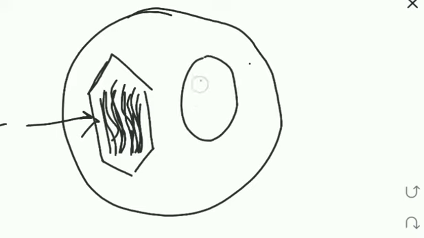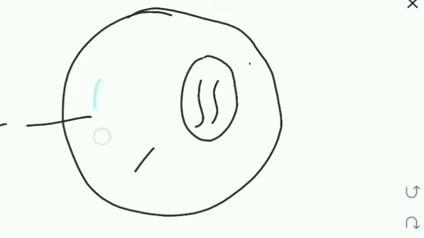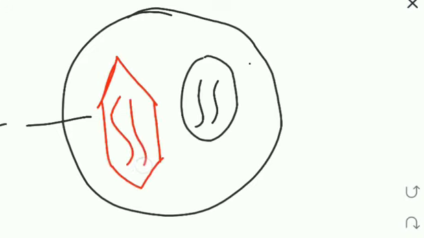And then there is the genetic material of the host cell already present there. We should have drawn this with red color because it is viral.